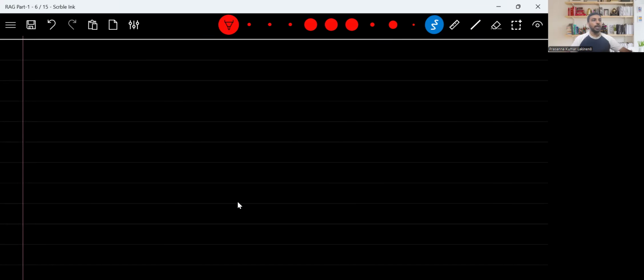From this, you can understand that here I am drawing the basic RAG architecture. Here the user comes. This is the user. The user has a query. Whenever he has a query, first of all he searches from the external database, the external sources.